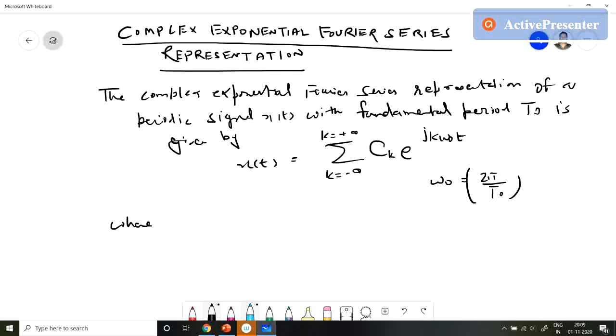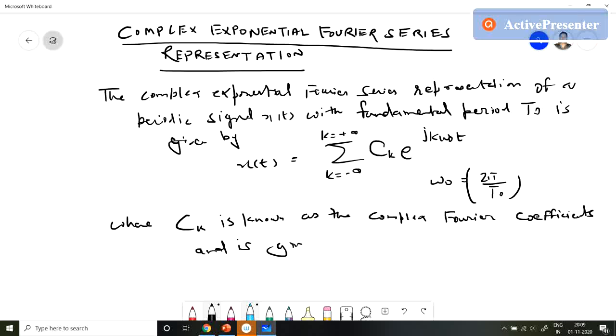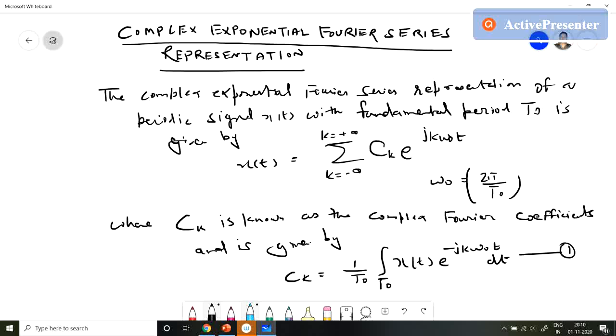So what is c_k? c_k is known as the complex Fourier coefficients, and is given by c_k is equal to 1 divided by T naught integral of x(t) e raised to the power minus j k omega naught t dt. So this is equation number 1.